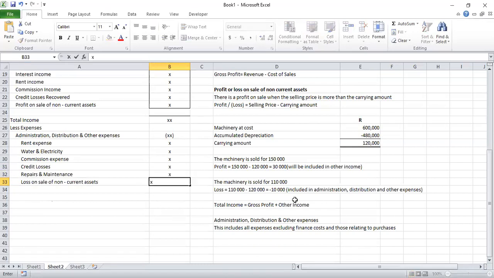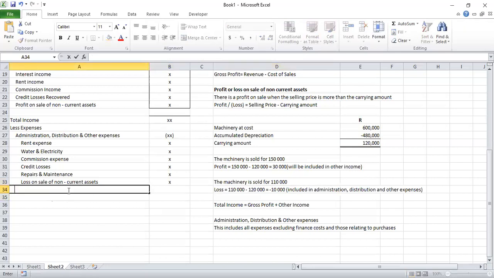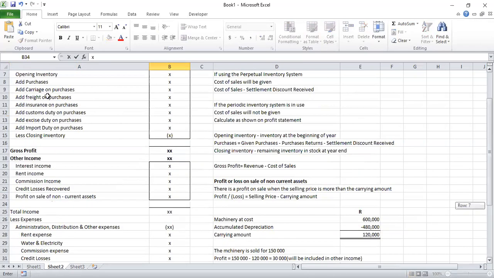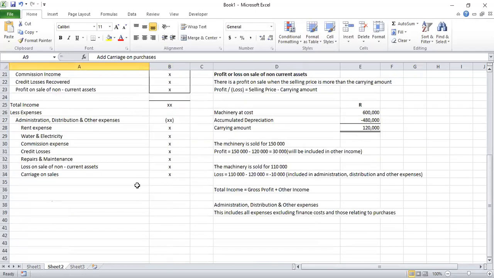I think I talked about it here. Then we have carriage on sales. So carriage on sales is a distribution expense. That would be different from the carriage on purchases, which we include here. So carriage on sales, we include it under the expenses. Then also insurance.